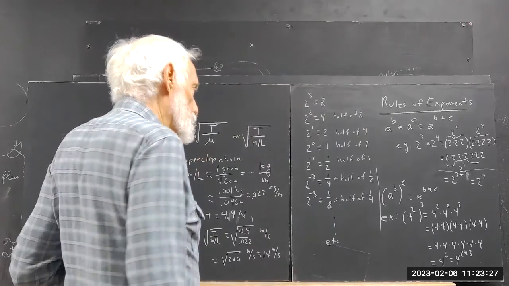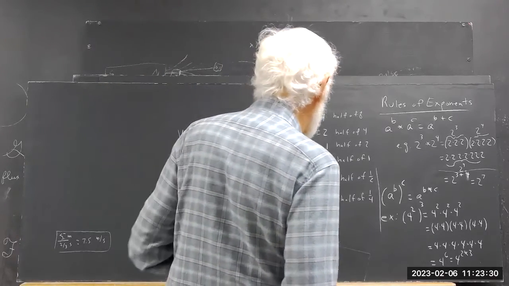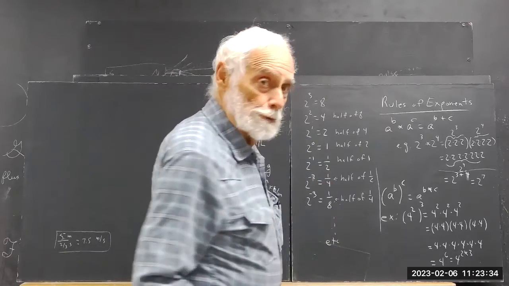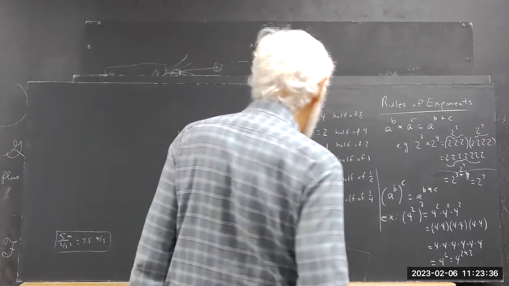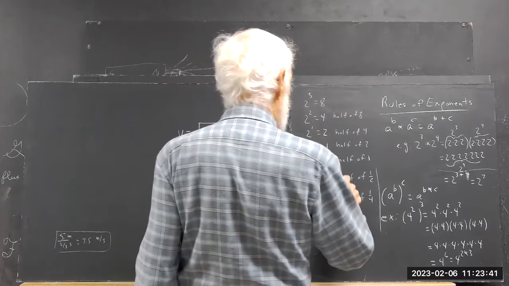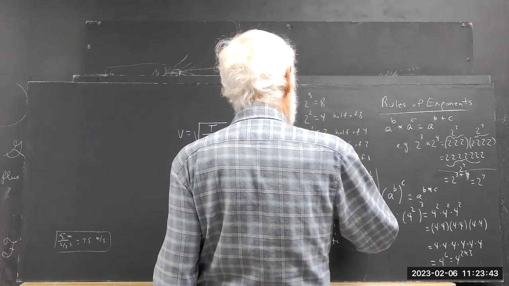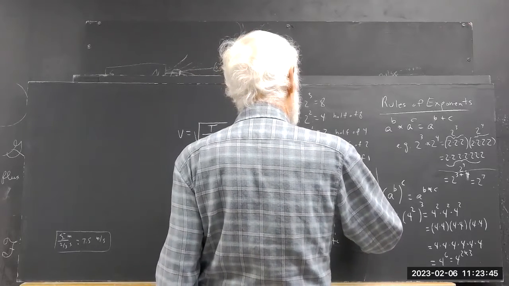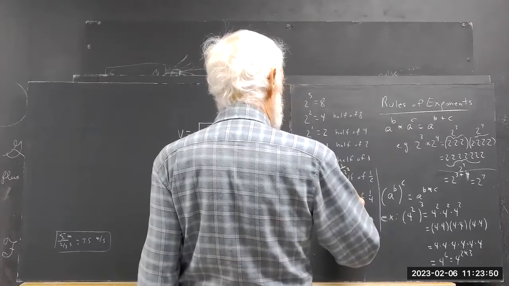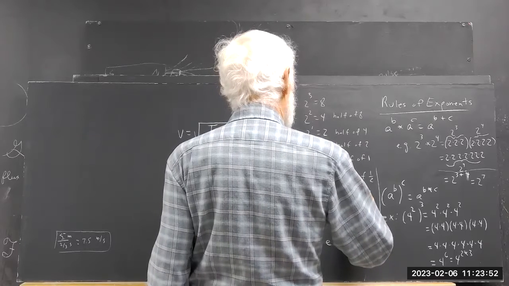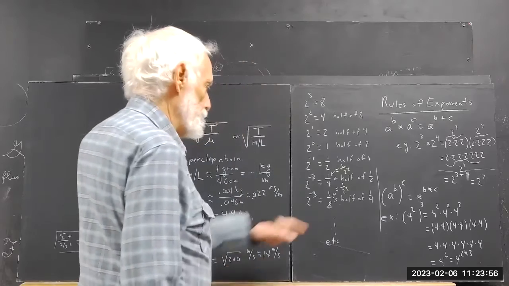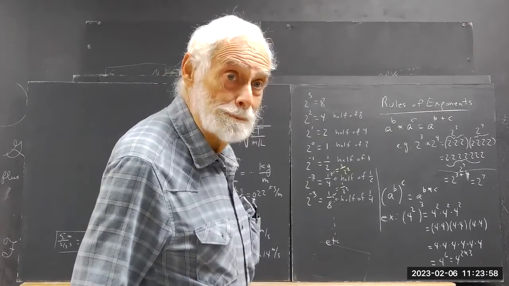Well, another way to write 2 to the negative third is 1/2 to the third, right? So this is 1/2 squared. This is 1/2 to the third.